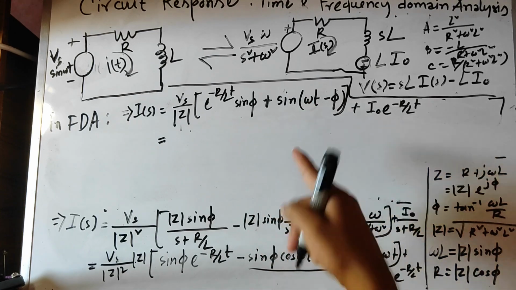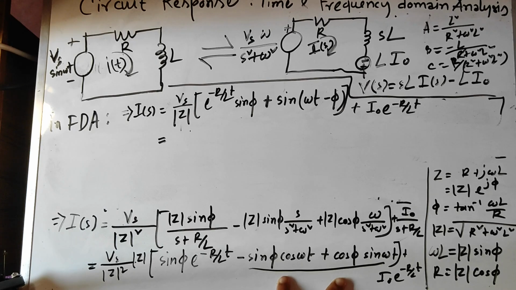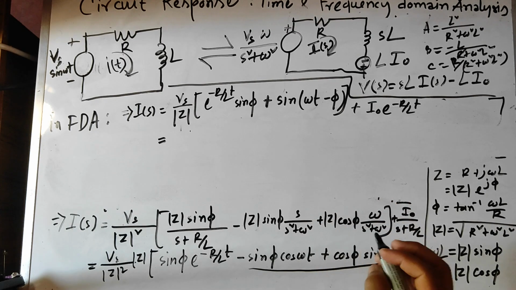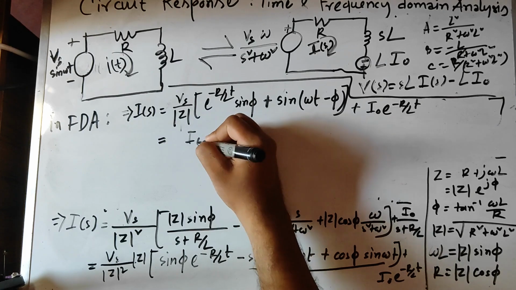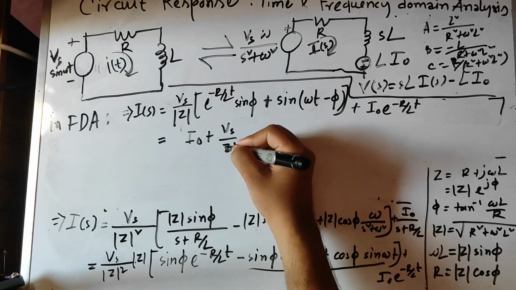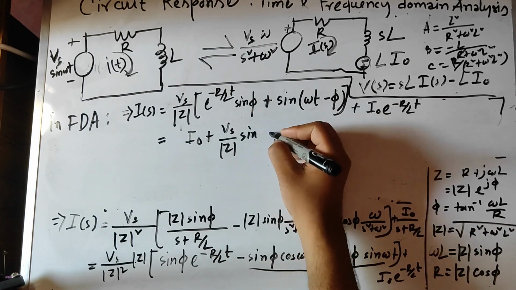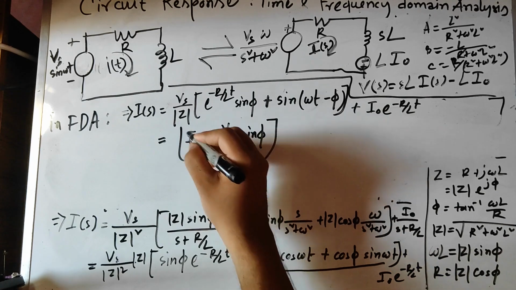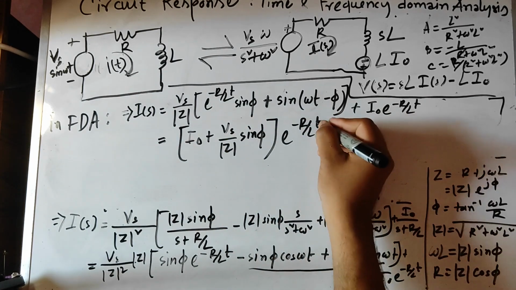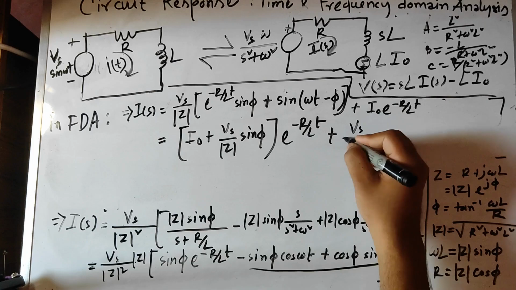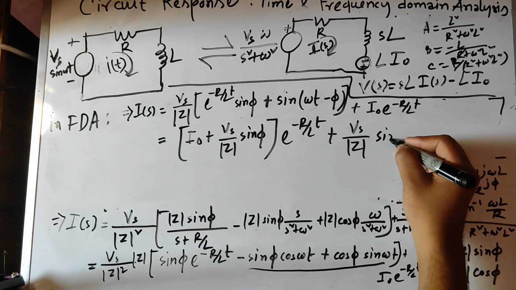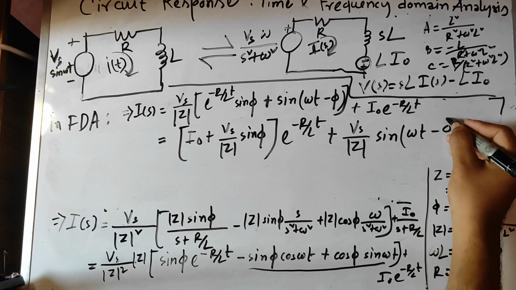If you apply the trigonometric formula, sine of A minus B is sine A cos B minus cos A sine B. If we rearrange this, it will give us Io plus Vs by Z sine phi, e to the power minus R by L t, plus Vs by Z sine omega t minus phi.